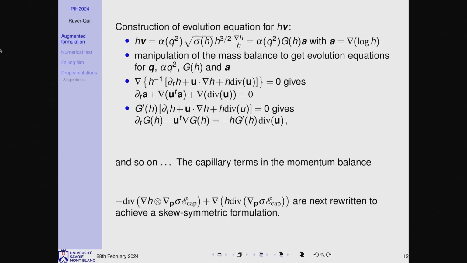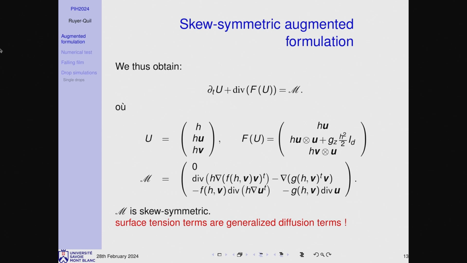the additional velocity. So finally, the formulation looks like this in a conservative form where we have, as usual, the conserved quantities for a hyperbolic conservation law, h being the film thickness, the mass, hq being the momentum, the true momentum of the liquid layer, and hv being the momentum associated to these new variables.